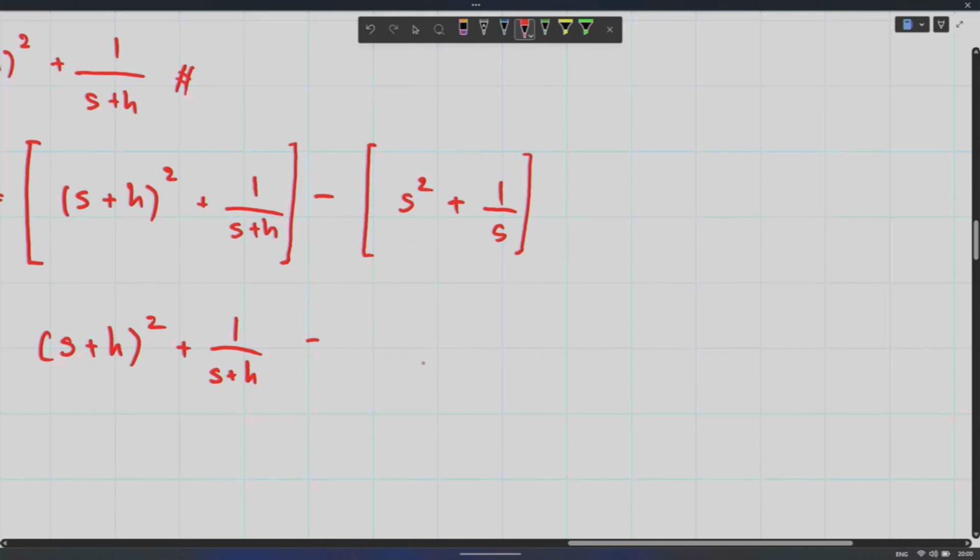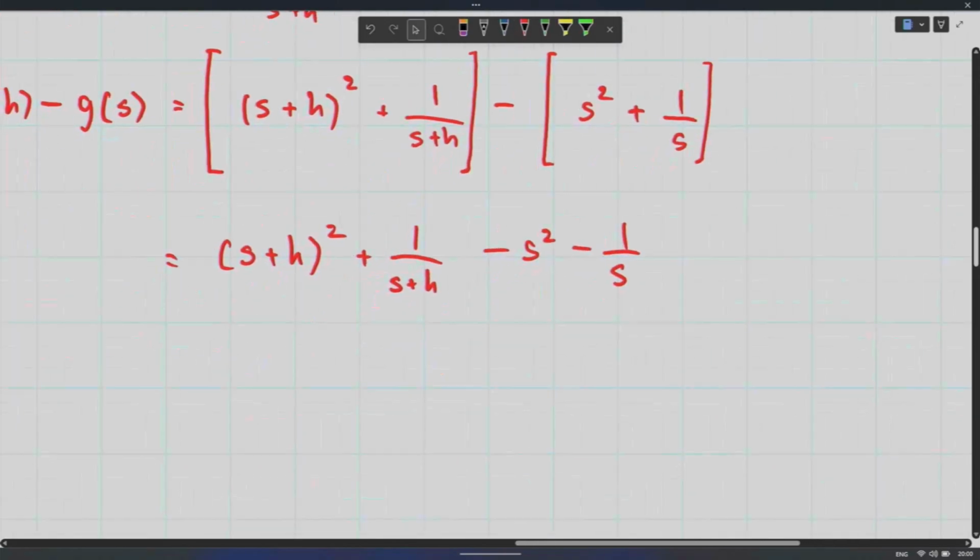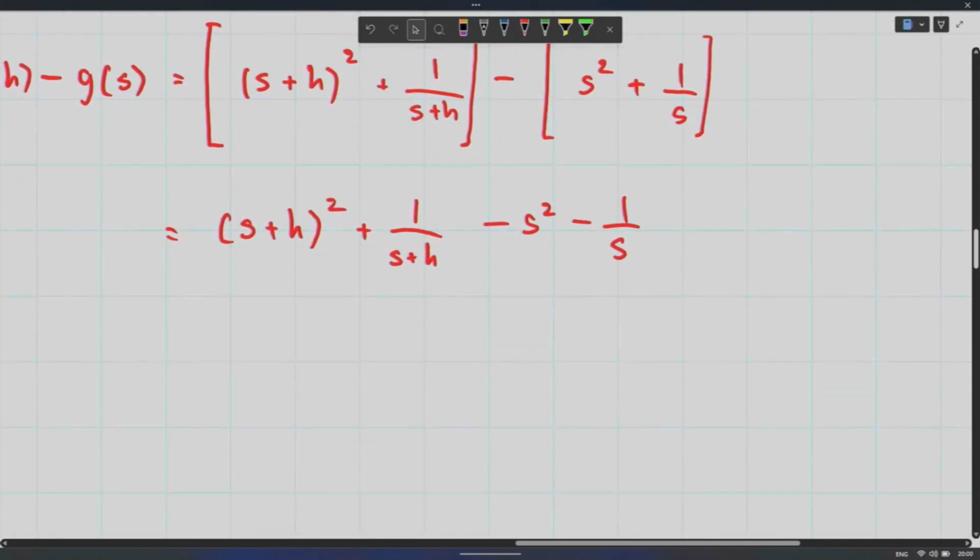So s squared becomes minus s squared, and the other becomes minus 1 over s.